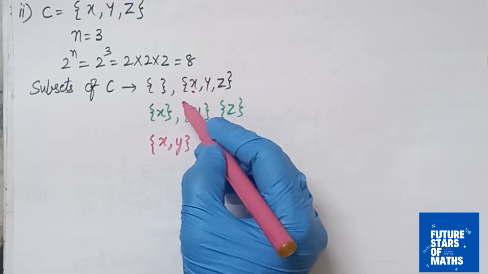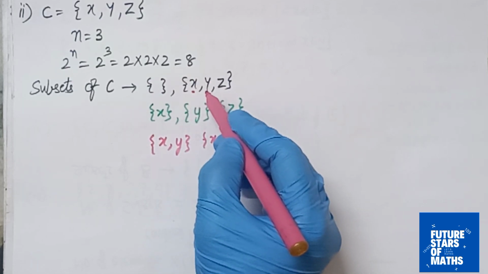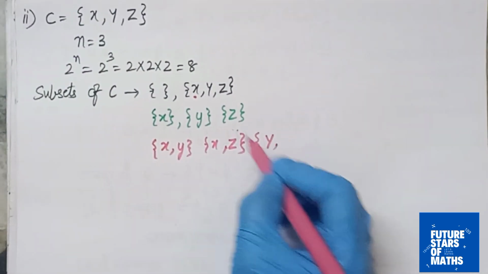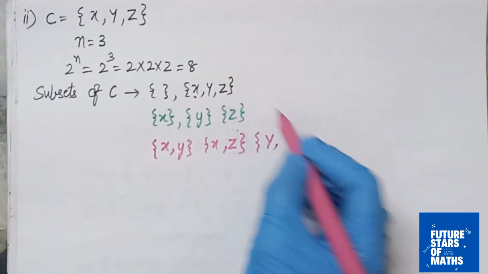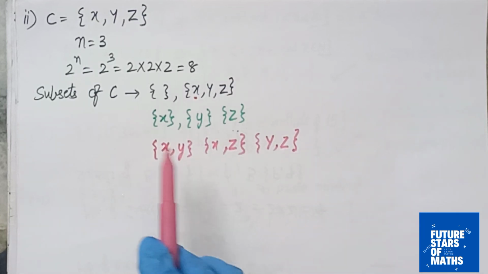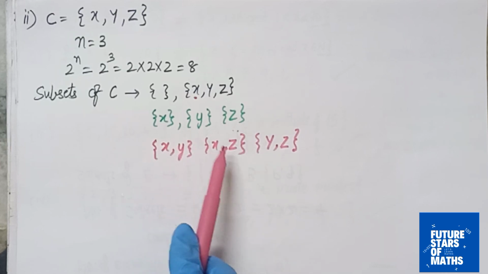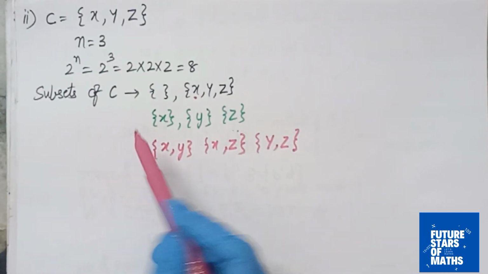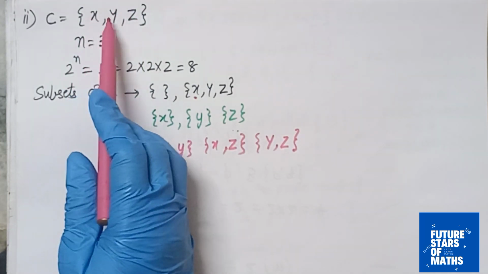Now we will forget about X and move to the next element, Y. Now we will write the pair with Y. X and Y we already wrote, so now Y and Z. Now you count the number of sets here: 1, 2, 3, 4, 5, 6, 7, 8. So we got a total of 8 sets. In the examination they can give any elements here, not only X, Y, Z.